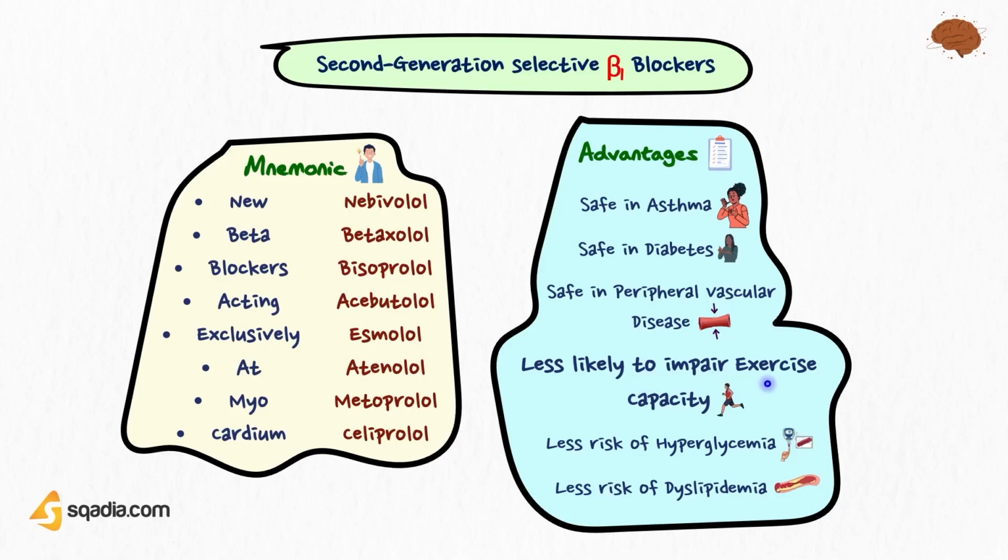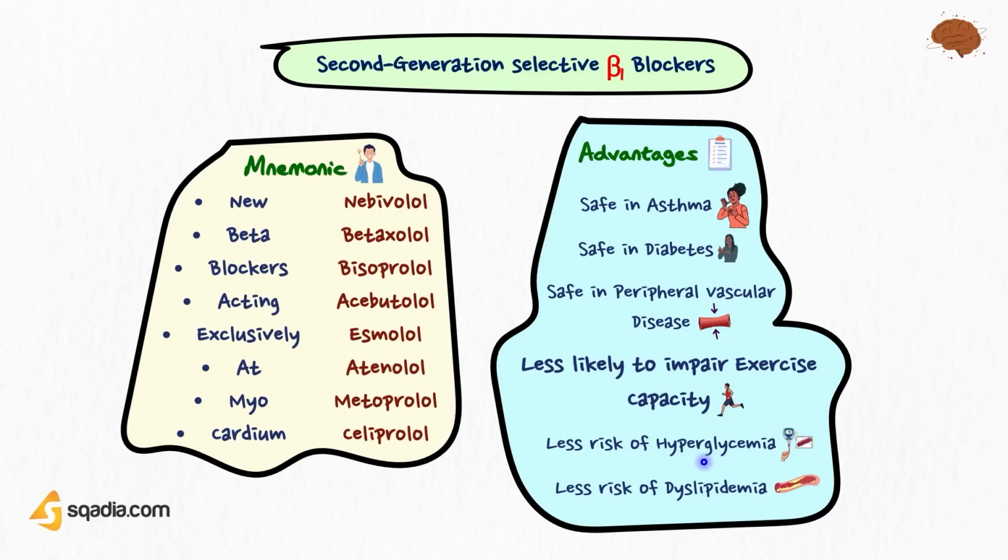Next is less likely to impair exercise capacity. Because of the vasoconstriction in the skeletal muscles, the oxygen supply is decreased, which can impair exercise capacity. So in patients where we have a risk of impaired exercise capacity, we give only selective beta-1 blockers and not non-selective beta blockers. Less risk of hyperglycemia.